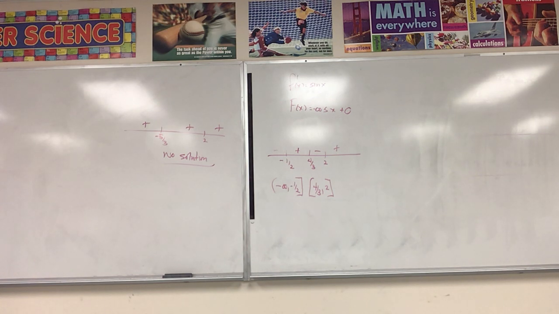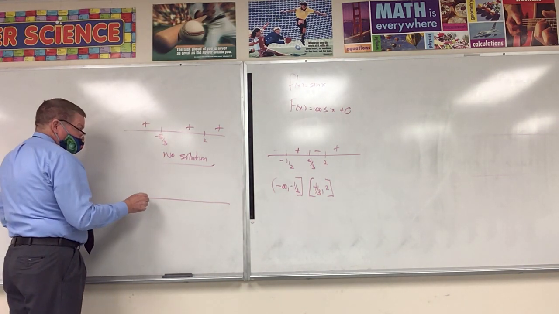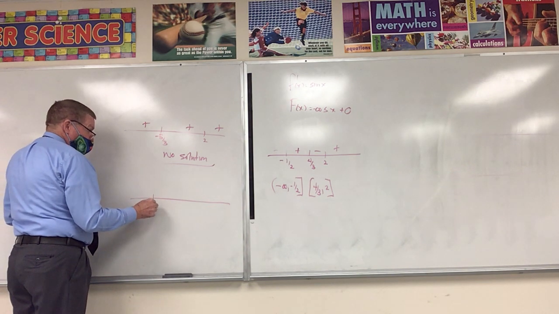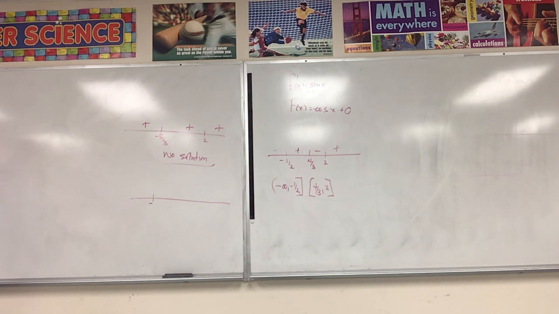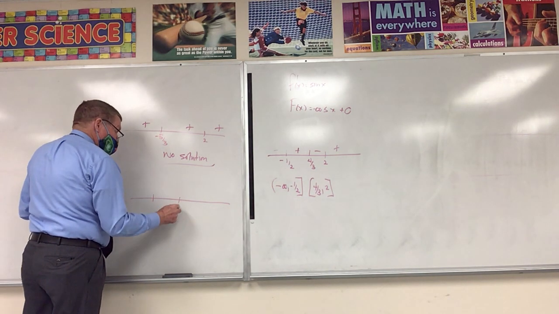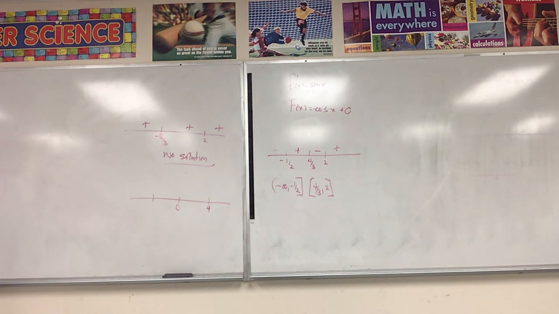All right, any other questions? 54. What are my zeros? Negative 1, 0 and 4. Alright, 0 and 4 is correct.